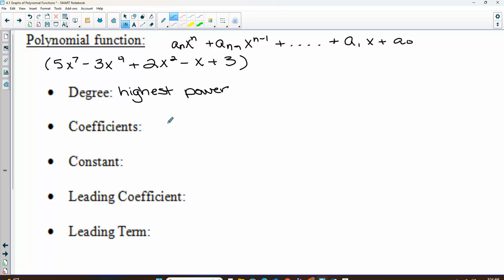The coefficients are the numbers multiplied with x. A constant is a number without a variable.